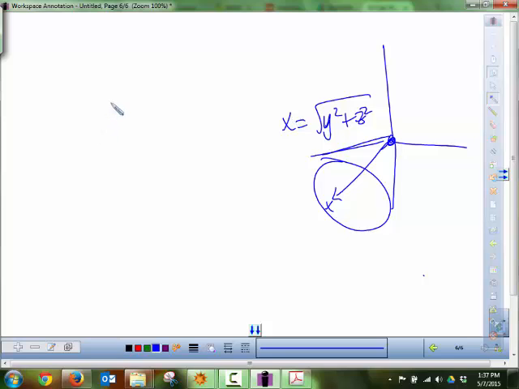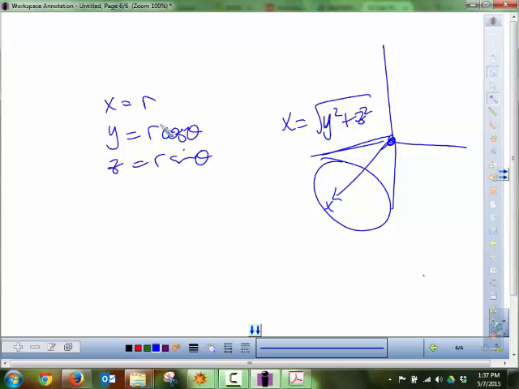And x equals r. Should we go r and theta, or should we go straight to u's and v's? Let's go r and theta. I think it's easier to think about it that way. So y is equal to r cosine theta, and z is equal to r sine theta. So this is your parameterization with u's and v's.